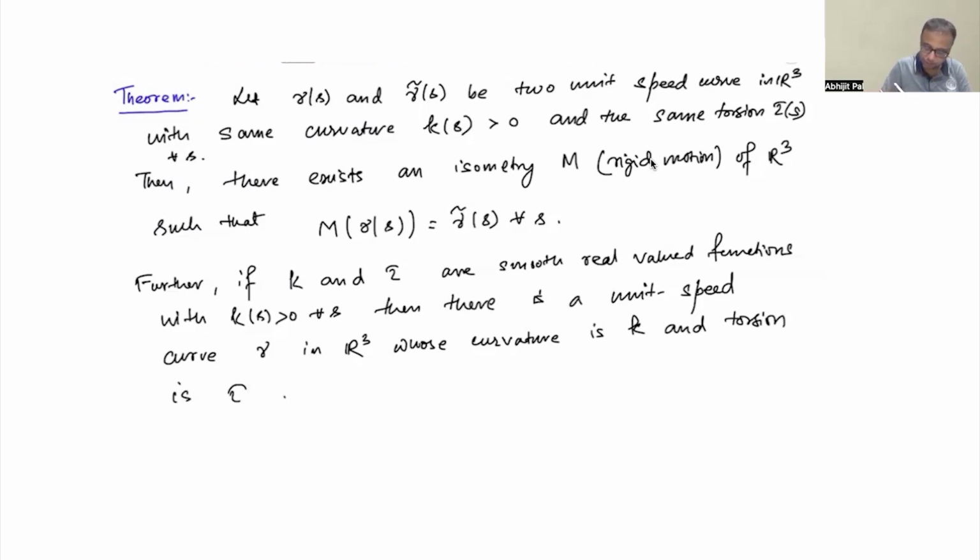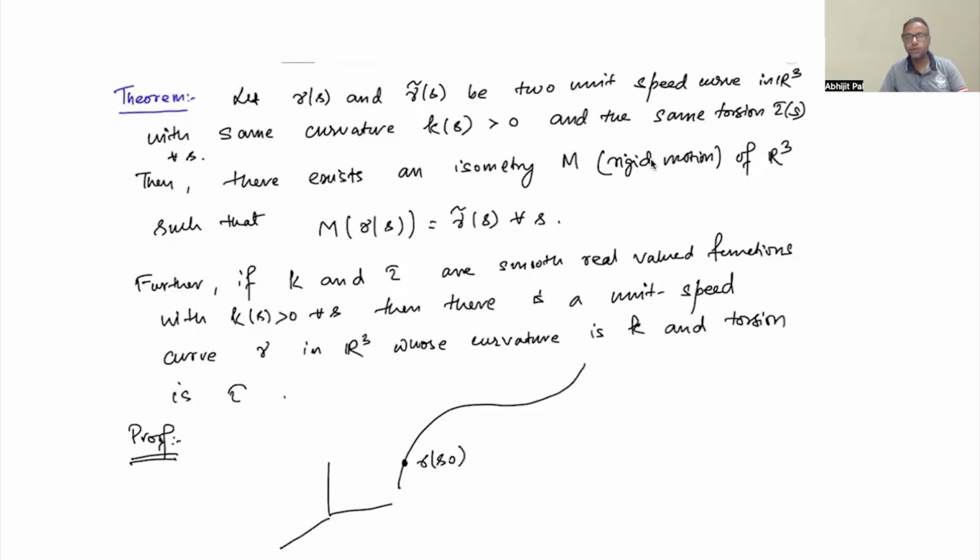Okay, so how do you prove this? All right. Suppose you have these two curves in R3. This is my curve gamma, and gamma(s0) is a point on this curve.